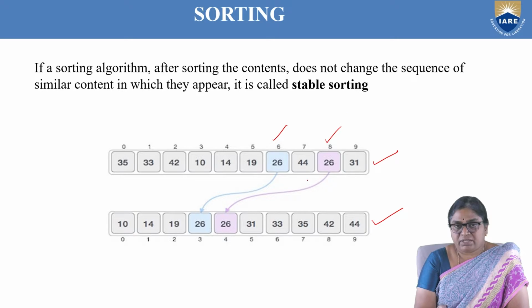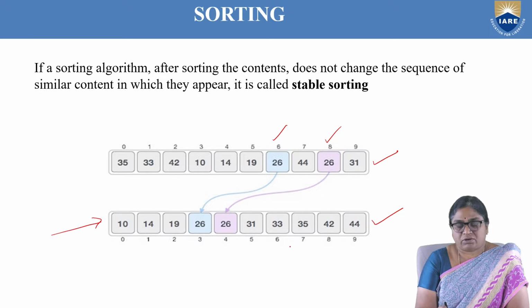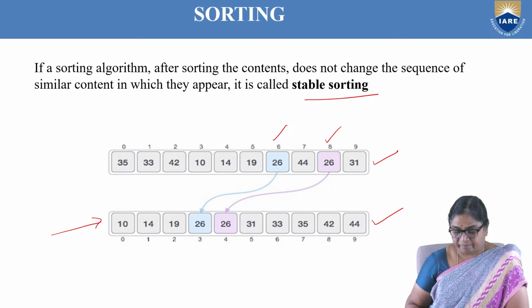If we preserve the same order in the resultant sorted list, then we can call this a stable sorting technique. If the occurrence order of the same elements is maintained, that is known as stable sorting.